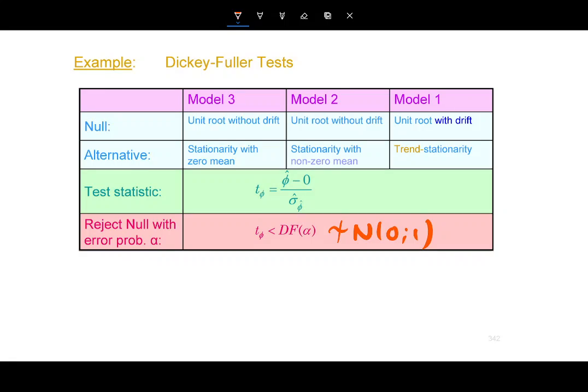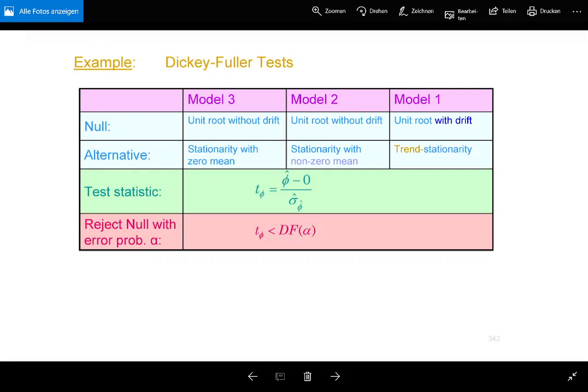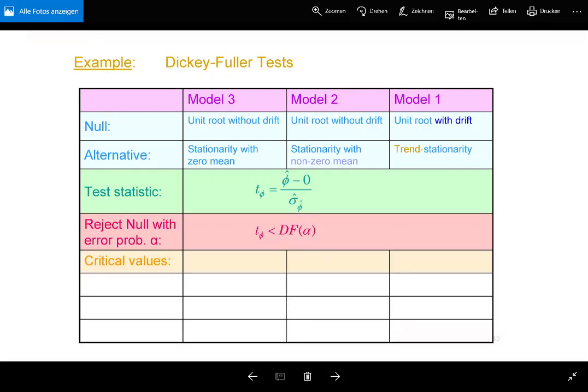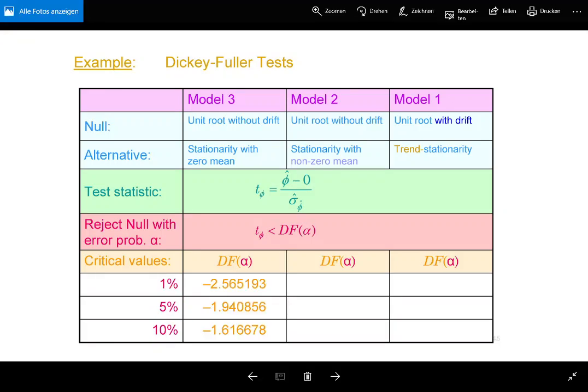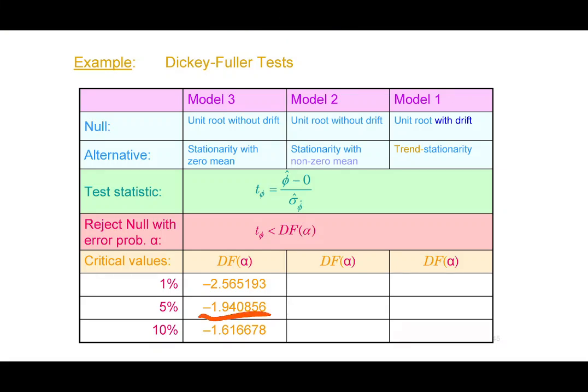Now, the critical values are going to be different. If you want to express the critical values, I usually take the 5% critical value. For model 3, the 5% critical value is negative 1.94. Now, the 5% critical value of the standard normal distribution is negative 1.64, if I recall it correctly.